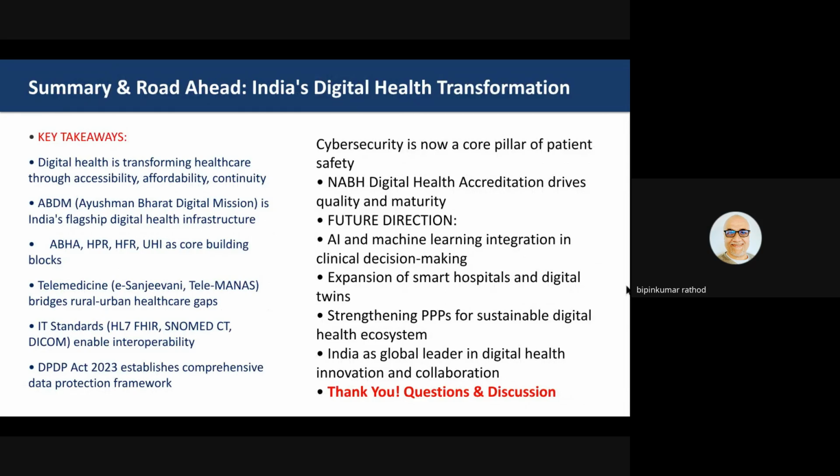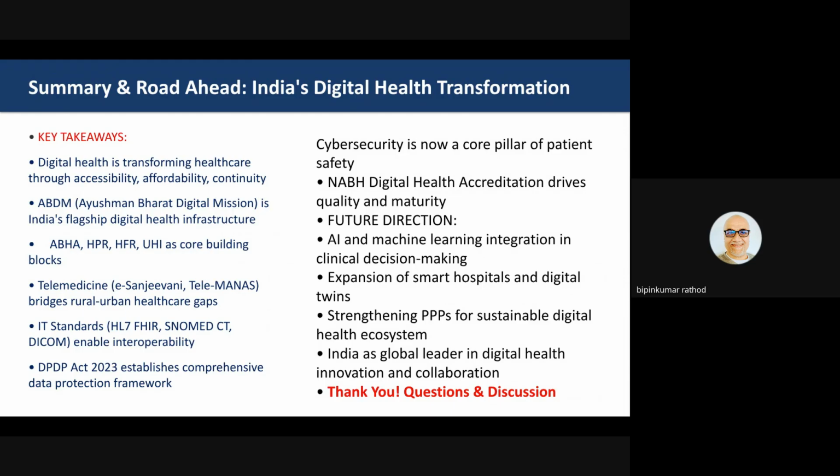And the summary, what are the key takeaways? Right now, India is sitting on the trajectory of 100% digitization in the next 5 to 7 years.